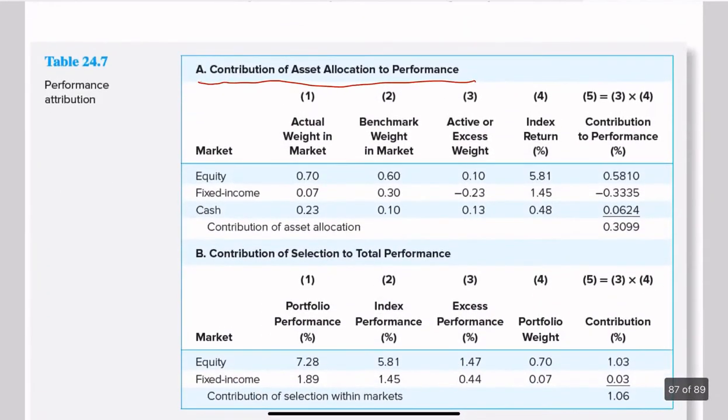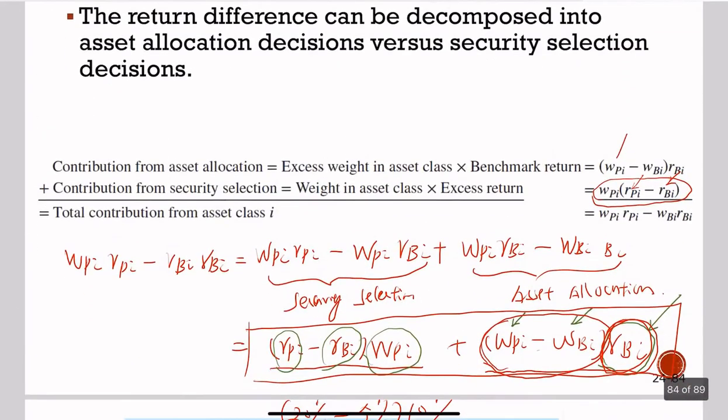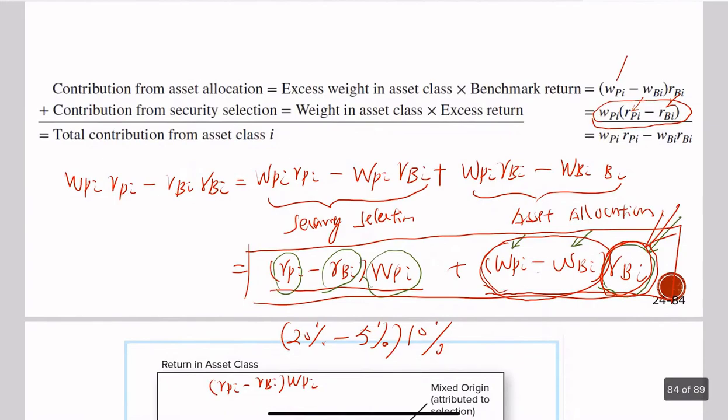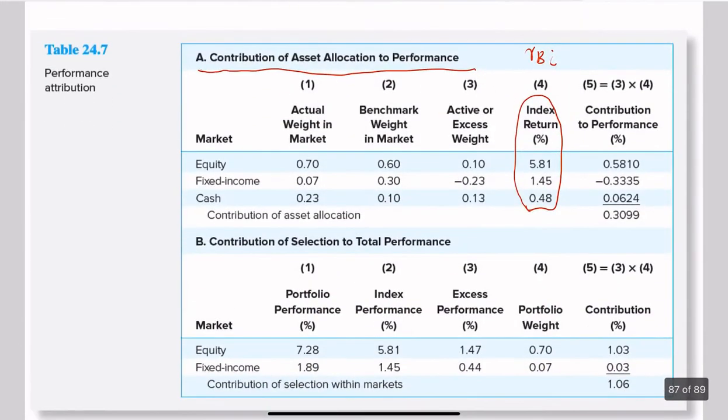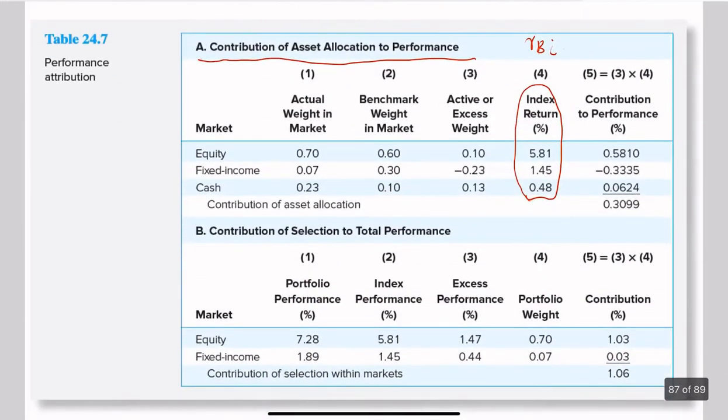So you can see that we're exactly doing this in table A, right? So what we're doing here is we will fix index returns. What is index returns? Well, it's RBI here, right? So it is just this guy. So we will fix index returns and we'll look at the differences in portfolio weight.